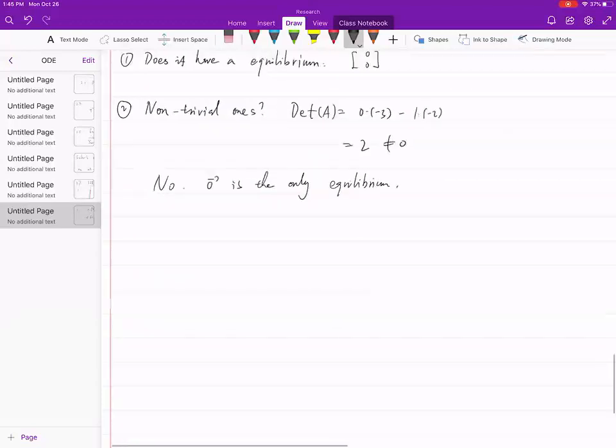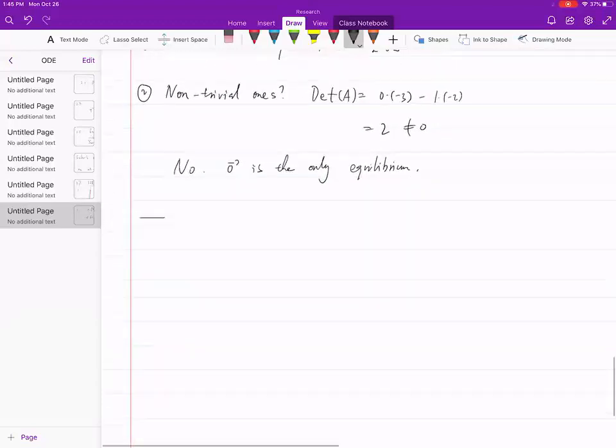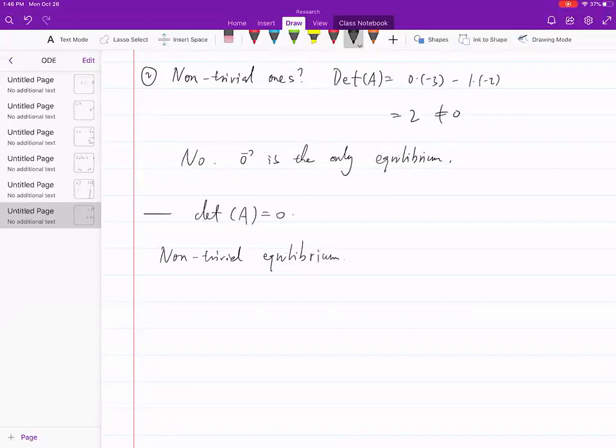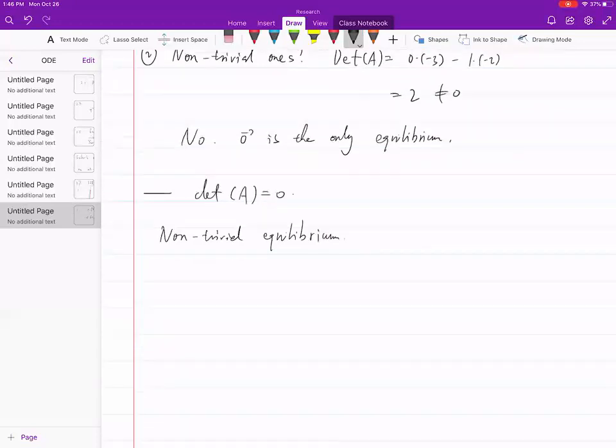Good. Now number 3. What if determinant A equals 0? Well, in that way, we have non-trivial equilibrium, of course. But that's not the essential point.